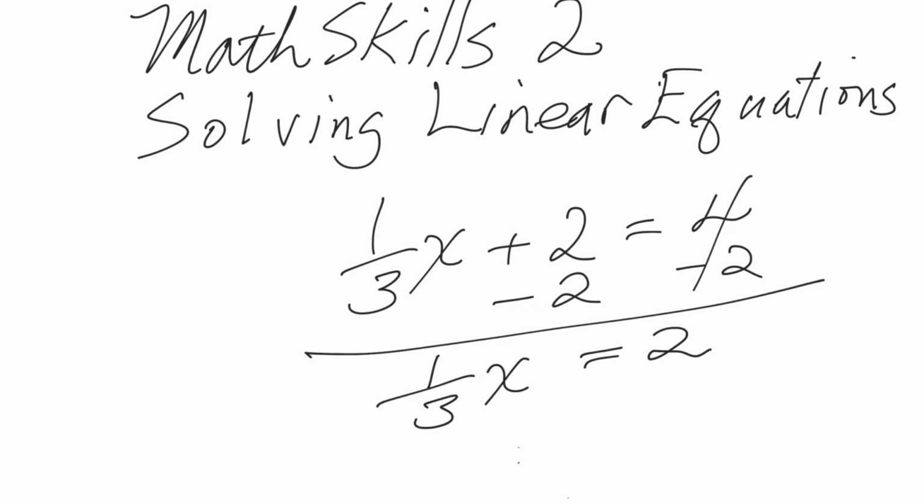Now, how do we get this to become x by itself, or 1x? All right. Now, as you remember, a fraction such as 1/3, if it's multiplied by its reciprocal, you just flip the fraction, and there goes the reciprocal.